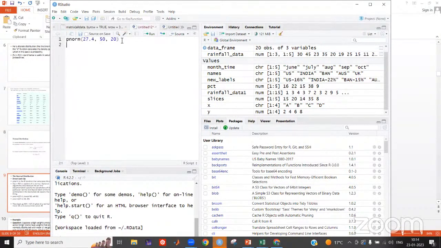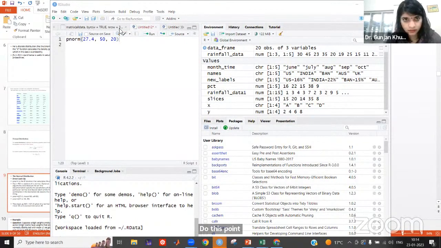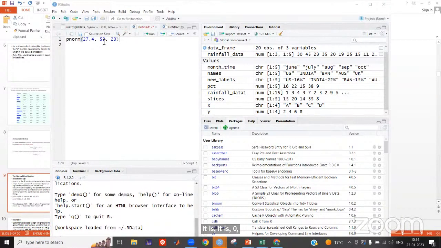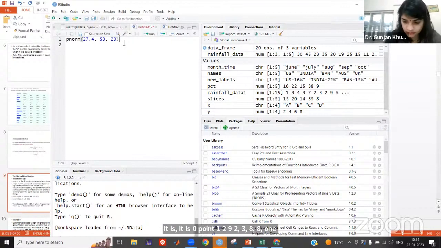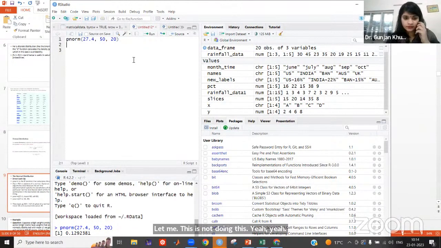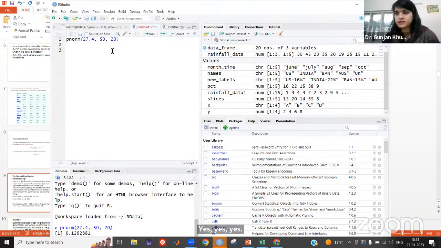It is 0.1292381. Its value would lie between 0 and 1, because it is a probability, right?